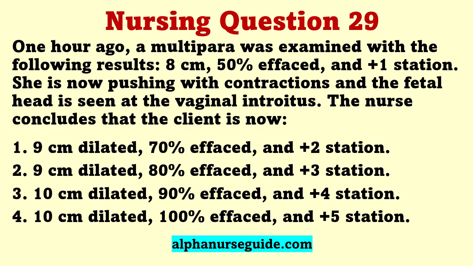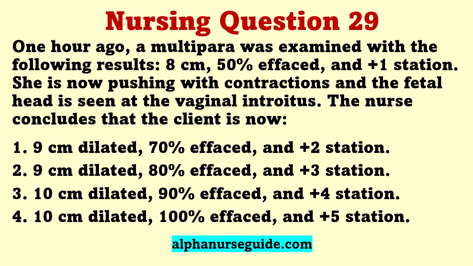The nurse concludes that the client is now: 1. 9 centimeters dilated, 70% effaced, and plus 2 station. 2. 9 centimeters dilated, 80% effaced, and plus 3 station. 3. 10 centimeters dilated, 90% effaced, and plus 4 station. 4. 10 centimeters dilated, 100% effaced, and plus 5 station. The correct answer is 4.